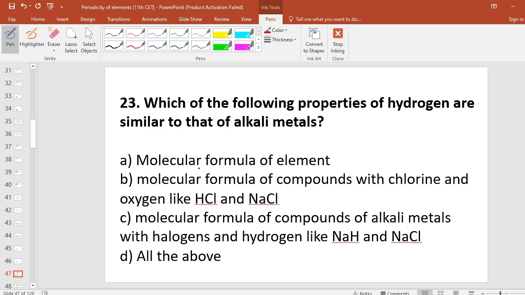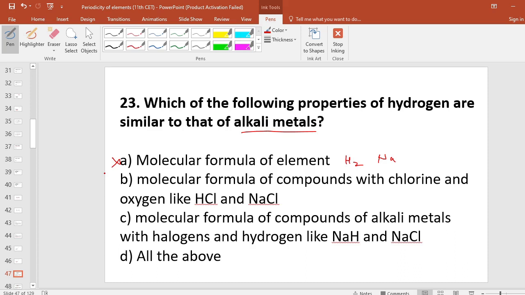Option A is molecular formula of element, that is, molecular formula of element hydrogen is H2. But what about alkali metals? It is Na, not Na2, K2 and so on. So this option is not correct.